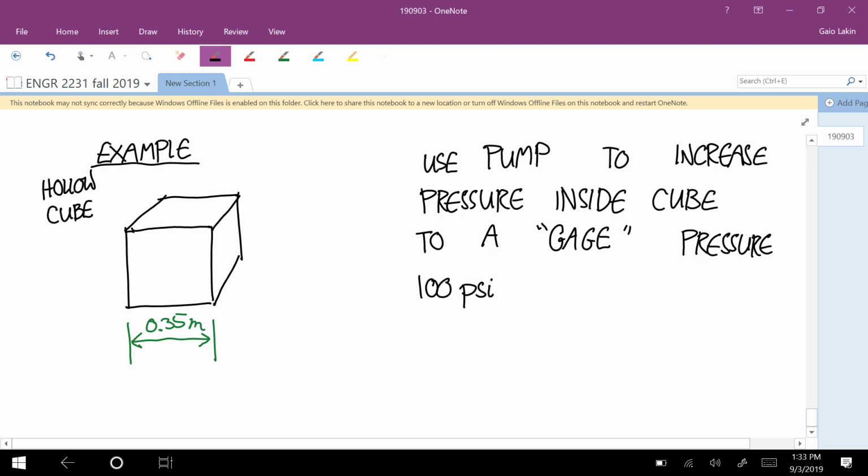If you convert that, that's equal to about 689,000 pascals. Like a racing bicycle, that's somewhere around the pressure in the tire.